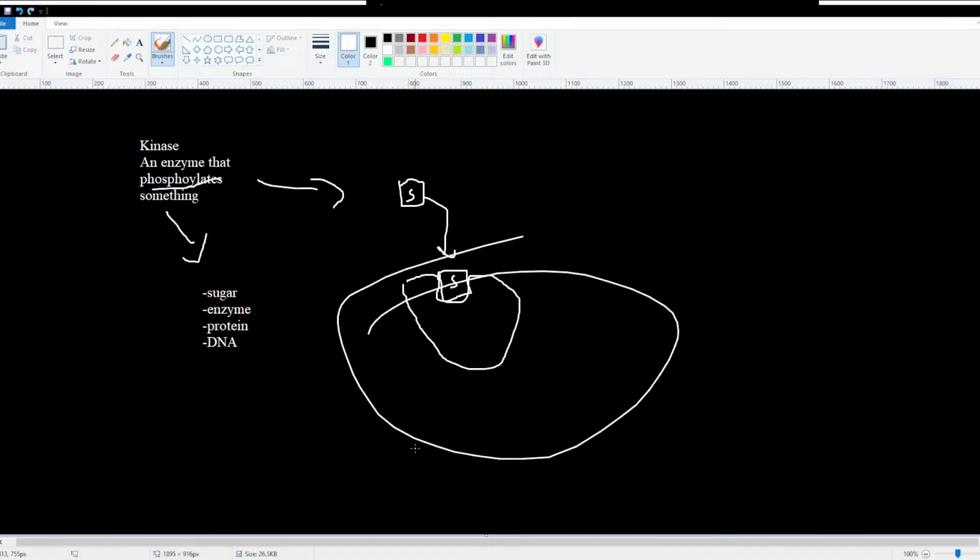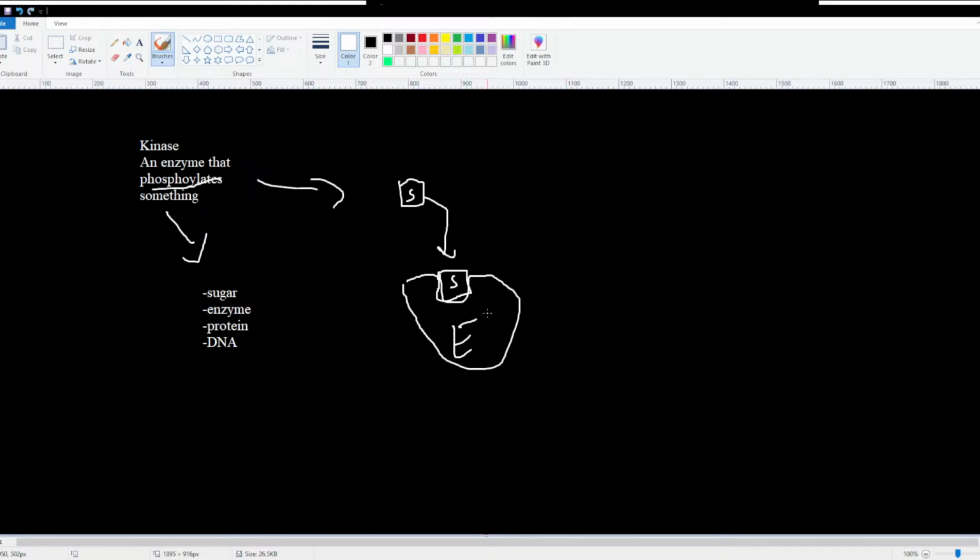E for enzyme, K for kinase. Now it's going to fit in the active site. This is where the actual magic happens. Magic, aka chemistry. So we have an induced fit of the substrate here. The shape changes a little bit.